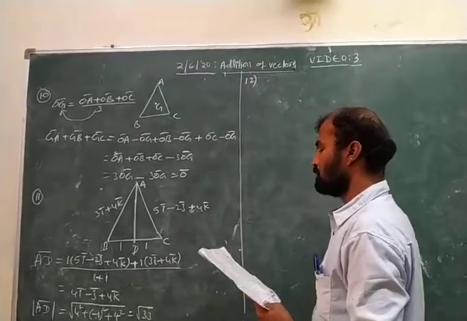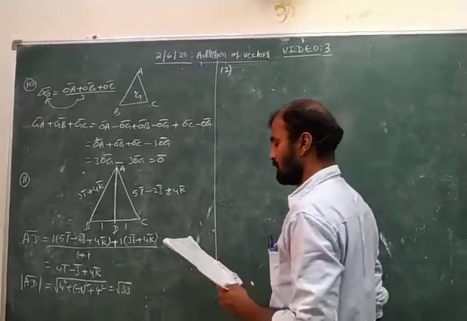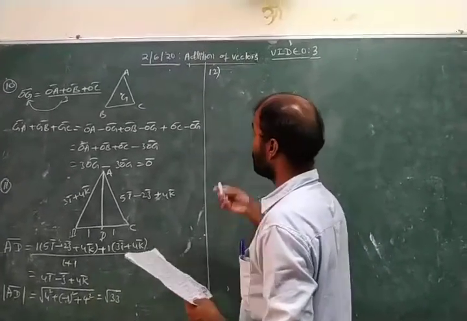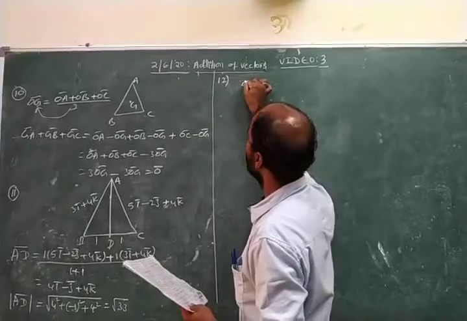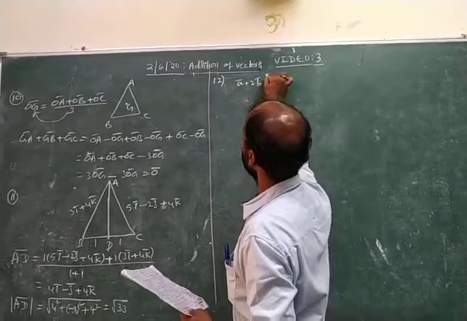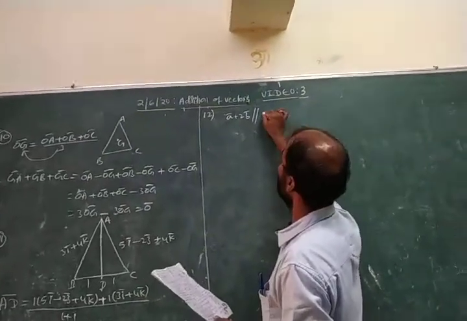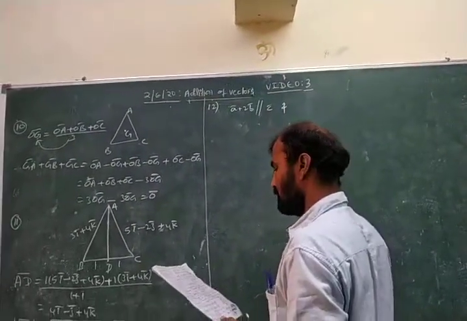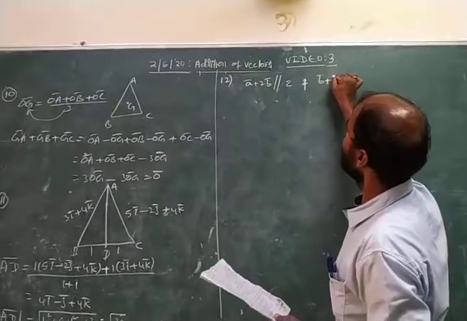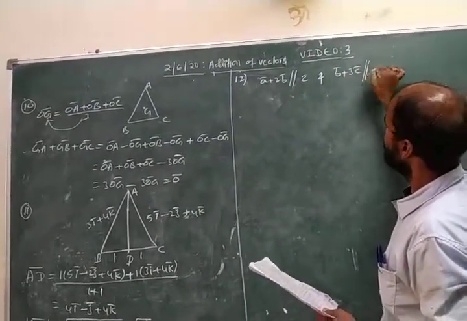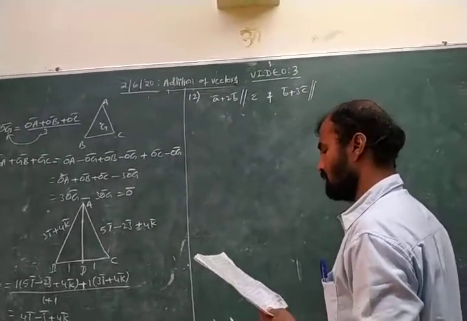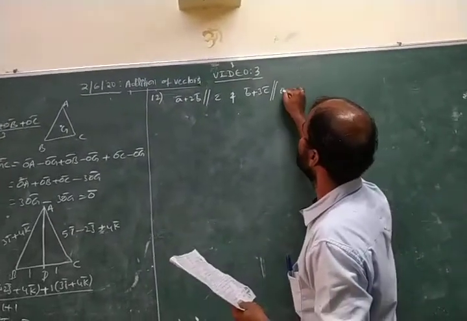Vectors a bar plus 2b bar and b bar plus 3c bar are collinear with c bar and a bar respectively. That is, a bar plus 2b bar is collinear or parallel with c bar, and b bar plus 3c bar is collinear or parallel with a bar.